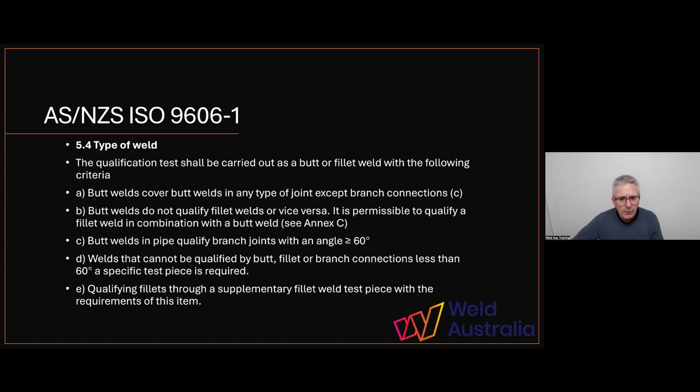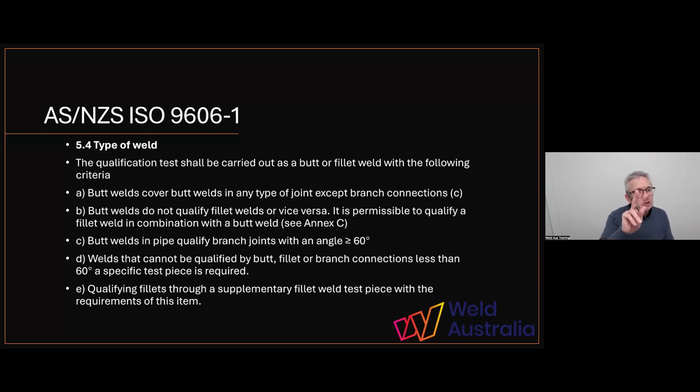So you've got your options. You can do a butt joint and you can do a supplementary fillet on the same document, or you can go to the annex and look at doing that type of joint configuration where you can qualify single, multi, and a butt joint as an option as well. So you would look at, let's say, down hand fillets and horizontal butts, but also then you've got vertical fillets and maybe a vertical butt.